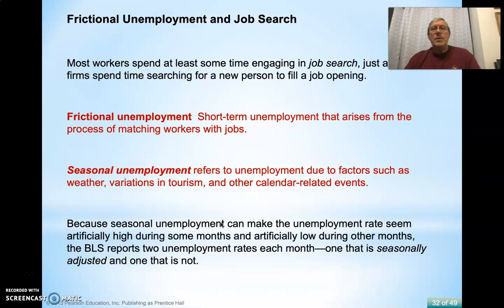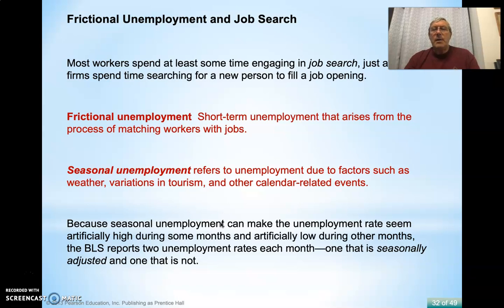So people spend an amount of time on job searches. Somebody may be frictionally unemployed because they are searching for a particular job, and therefore it takes a longer period of time. So there are variations that take place, and there are also variations seasonally, which we've explained already.